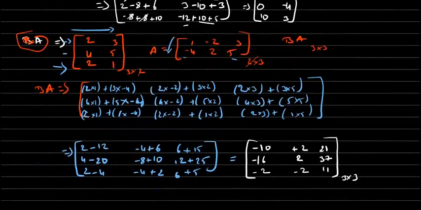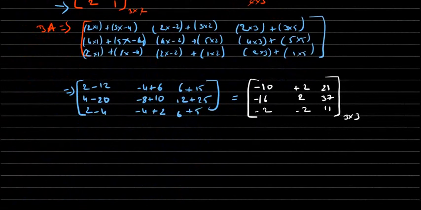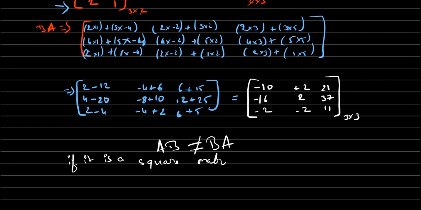Okay, this is the main thing. If it is a square matrix, we would get AB equal to BA. The exact numbers we will get in the BA itself. It looks like a mirror image of the AB. So be careful with this one, guys.